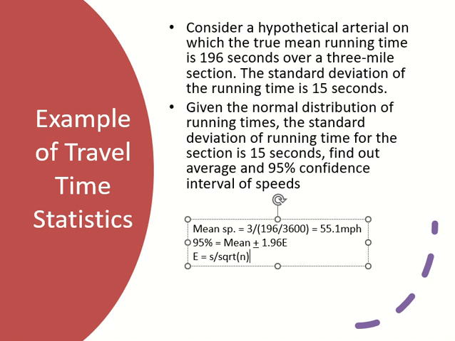In the earlier case, when we were calculating the mean for the spot speed data, it was a sample. From the sample, we were trying to see what will happen to the entire population. This mean is already given for the entire population, so it's not for a sample, it's for everybody. Now you can understand why they wrote hypothetical, because in real life it is not possible to get a mean value for the entire population.